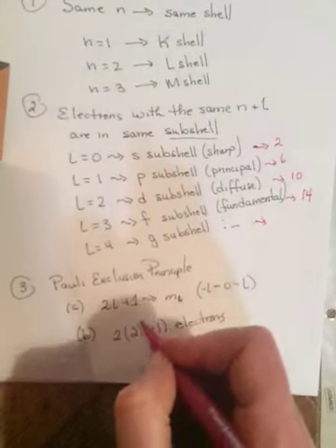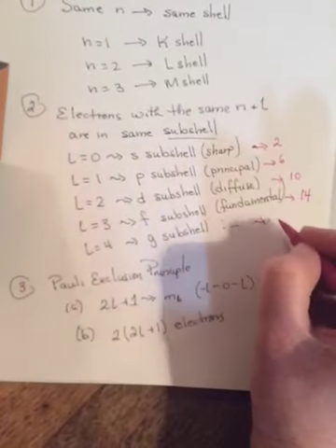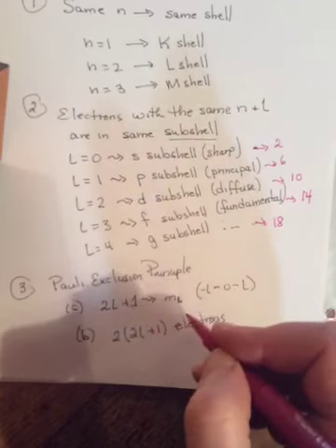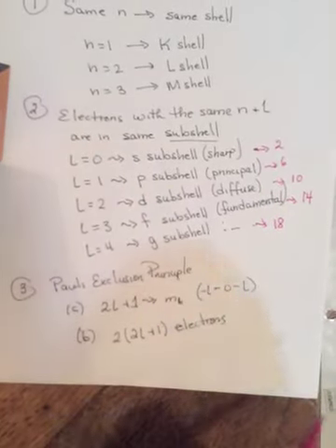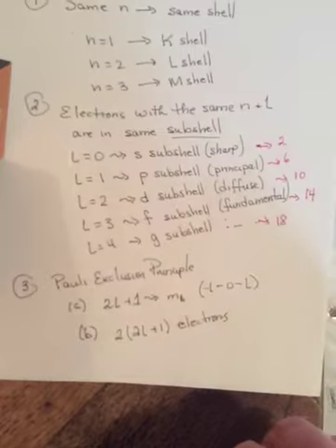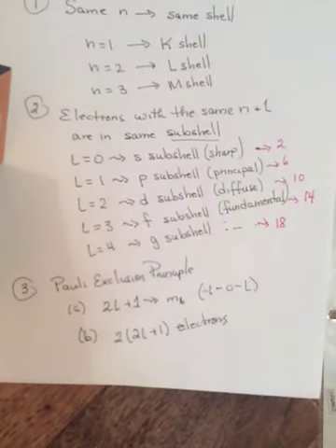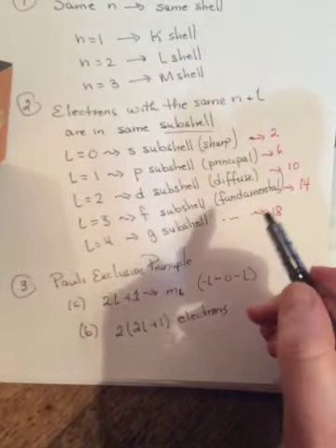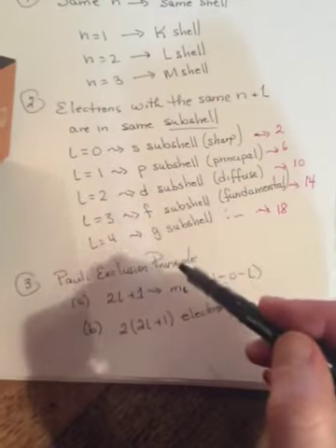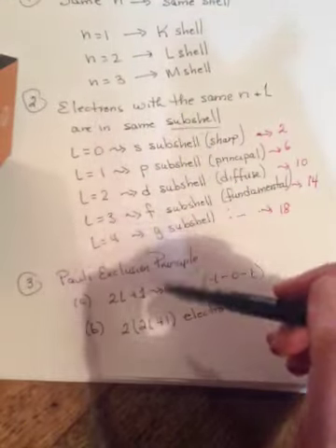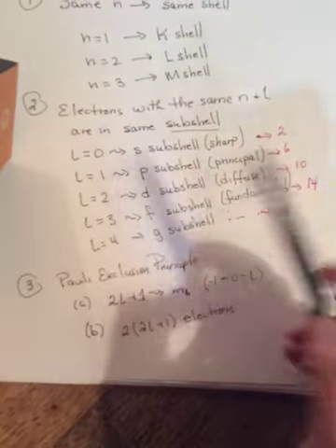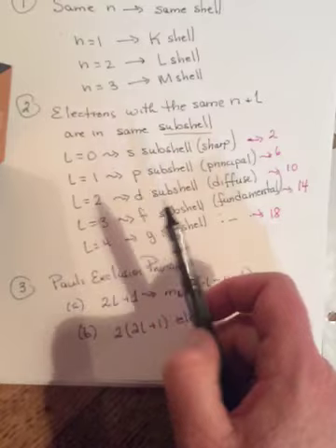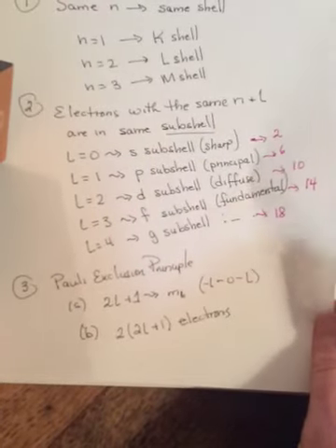And then the next one up would be 9 times 2, which can have 18. I think I did that right. Okay? And then we would go on from there if we ever found more elements that needed the next one up. So it's from the Pauli exclusion principle, knowing these different letters, that we can figure out how many electrons can go into each of these shells.